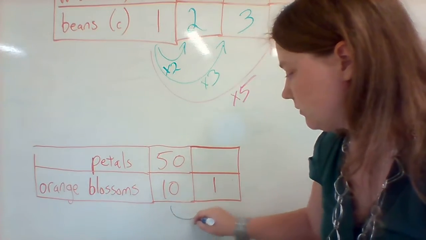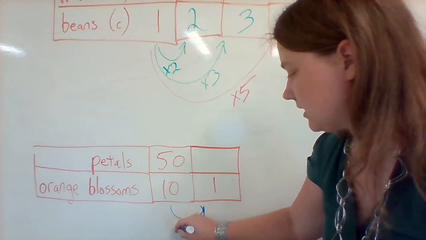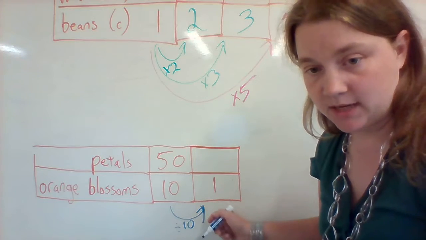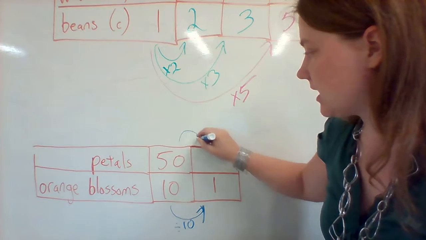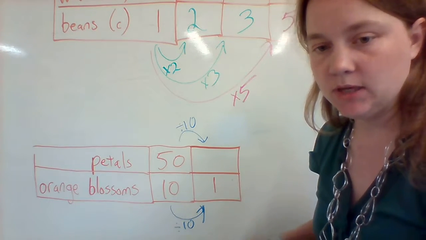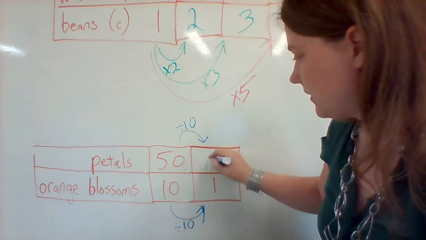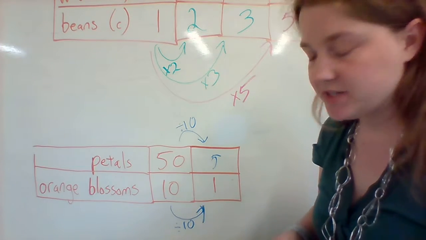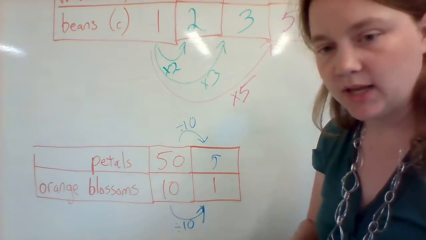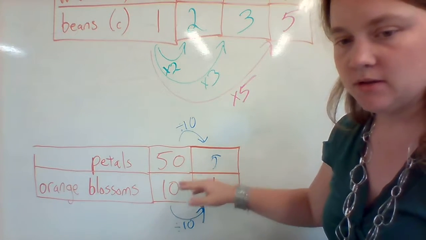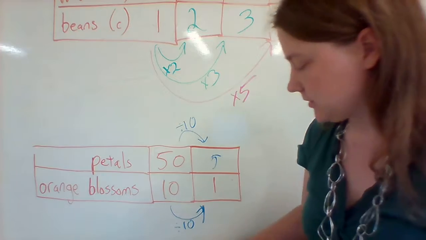To go from 10 to 1, you divided by 10. And if you divide by 10 on the bottom, you have to divide by 10 on the top. 50 divided by 10 is going to be 5. So 1 orange blossom has 5 petals, and 10 orange blossoms have 50 petals.